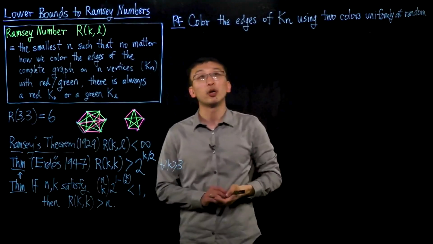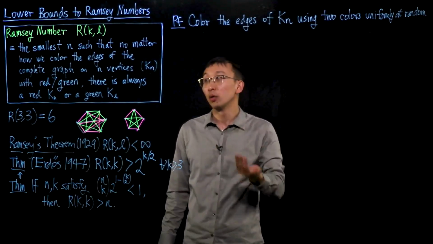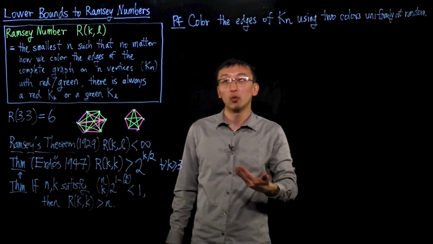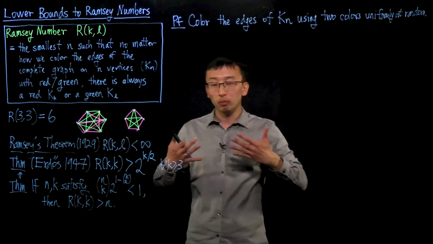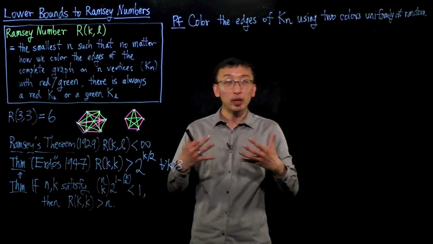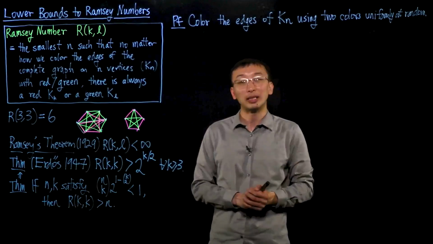Meaning that for each edge, we flip a coin. If it comes up heads, we color it red. If it comes up tails, we color it green. And the goal is to show that we can do this in such a way that avoids having a monochromatic clique of size k.